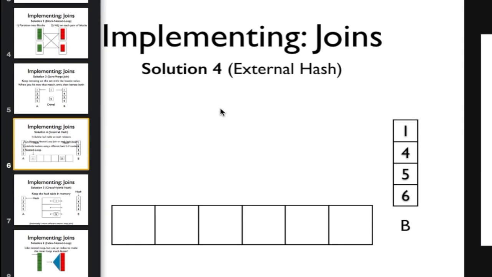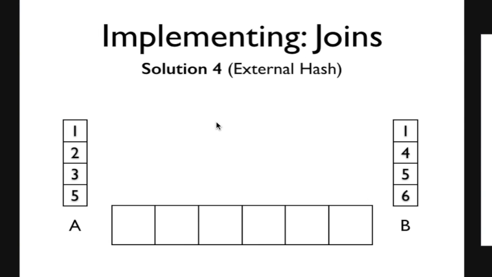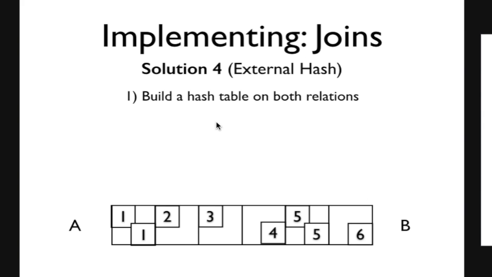So we briefly touched on external hash join. The idea here is that you scan through all of the records of A and build a hash table over those records. You scan through all of the records of B, build a hash table over those, make sure your hash tables line up, and then for every bucket in each of the hash tables, you do a nested loop join over the elements of that bucket.